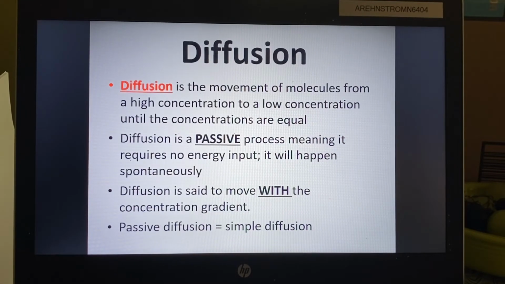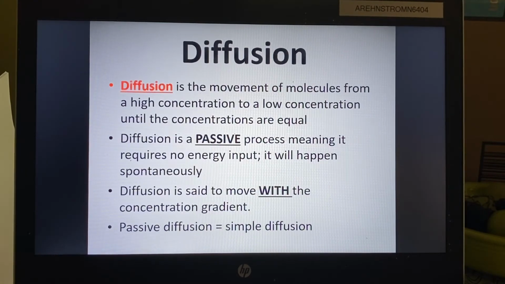It's just going to happen spontaneously. If any of you have taken chemistry recently, I'm sure you've talked about entropy, and that things tend to go towards chaos or disorder. This is one of those processes. It obeys entropy. So whenever I say something is a passive process, it means that it's just going to happen. And diffusion is one of those processes.